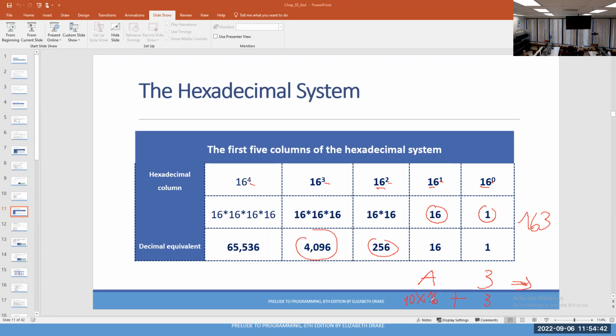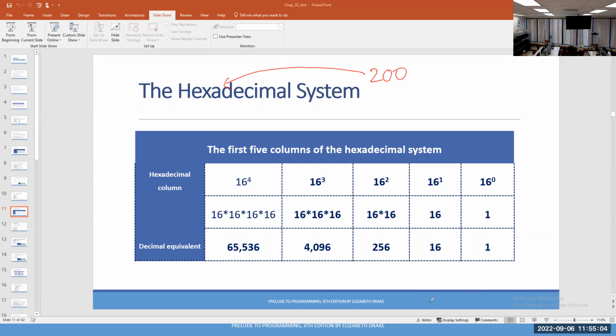Now, what happens if I want to convert from the decimal number back to the hexadecimal? So what happens if I want to convert the number 200 in decimal back to hexadecimal? What do you think? How do we do it?